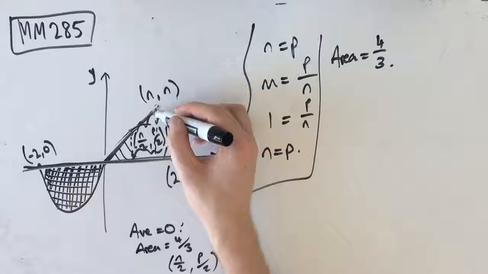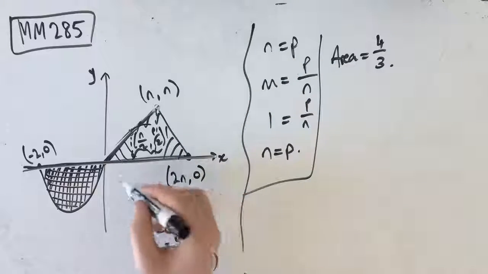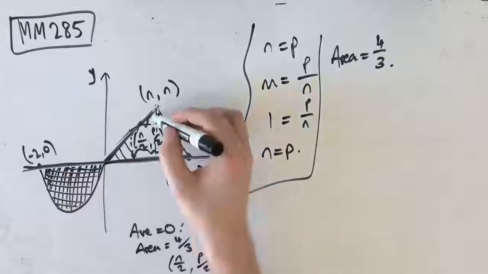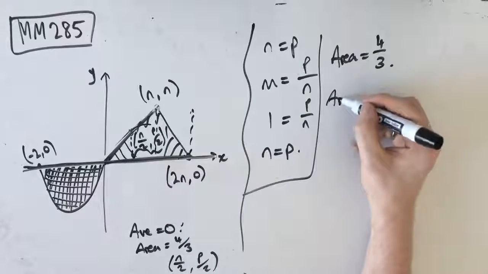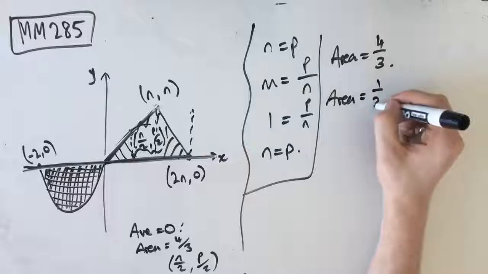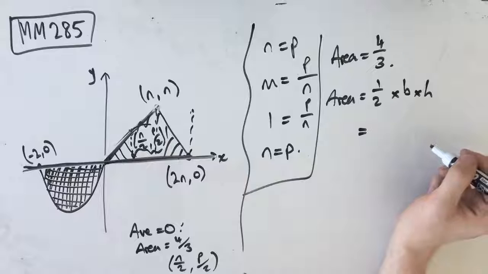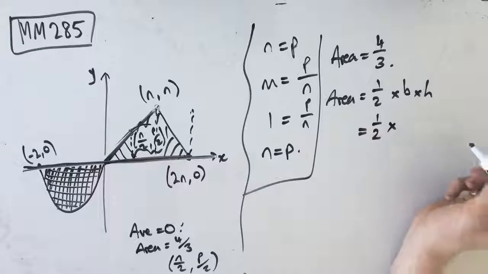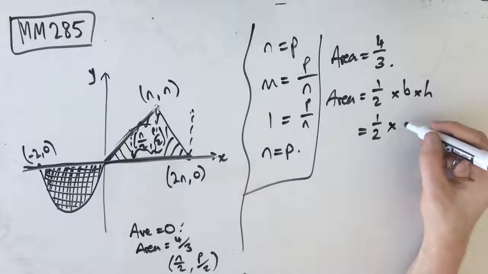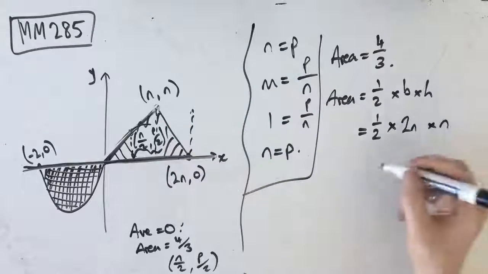Now we have two triangles in here. We have one triangle even. So base is here, and our height is this bit here. So our area is equal to half base times height. Which means that our area is half multiplied by our base, which is 2n, multiplied by our height, which is n, right?